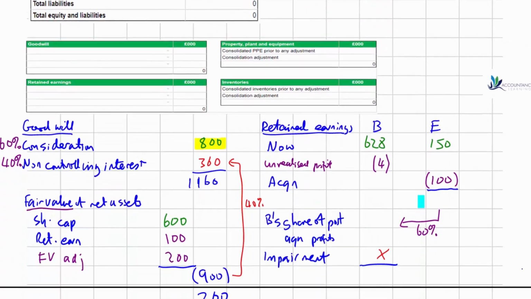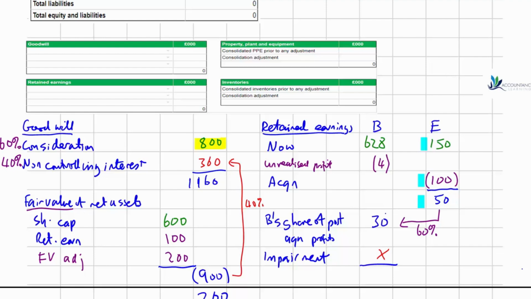Now the other thing then, we can do our retained earnings. So we've got some numbers here, but we can think about Elegant now. So yeah, we identified, didn't we, that Elegant has retained earnings now of 150. It had retained earnings of 100 when we bought the company, and that means Elegant has earned 50 of profit since it was part of the group. And we are entitled to 60% of that.